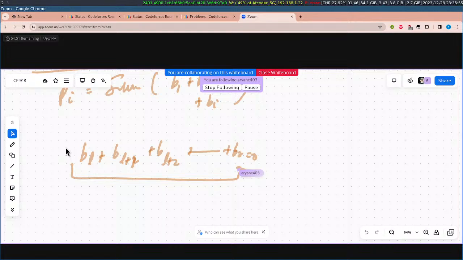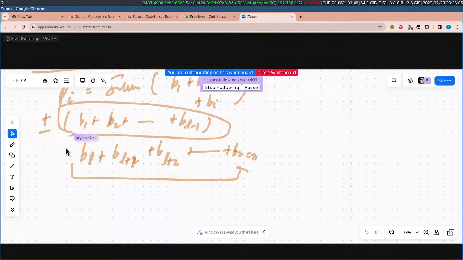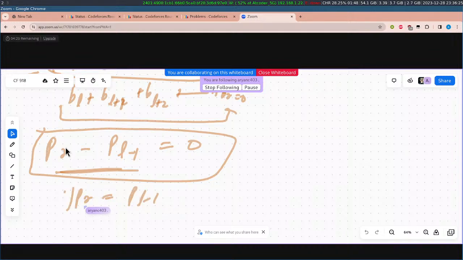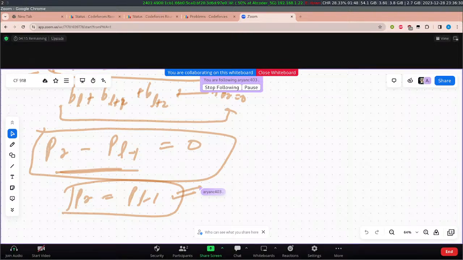By adding and subtracting, the sum becomes the sum of the first R elements minus the sum of the first L minus 1 elements. Now the problem is reduced to checking if there are two equal elements in the array P which we have created. If they exist, then the answer to our question would be yes, otherwise no.